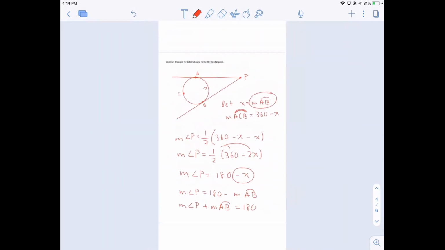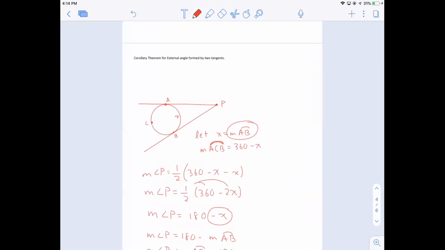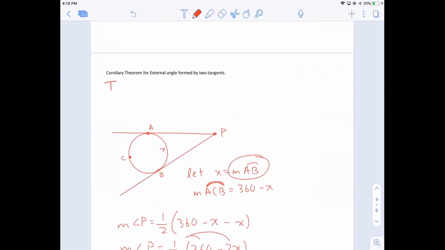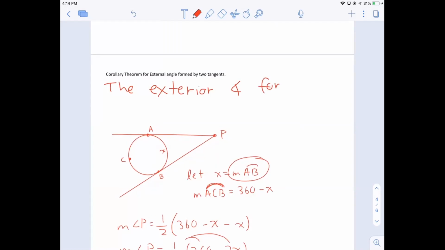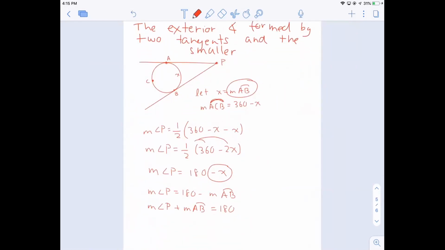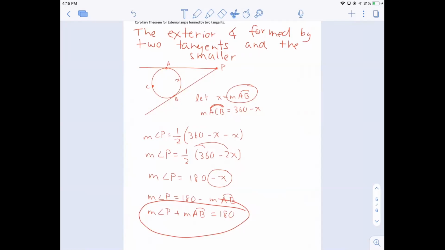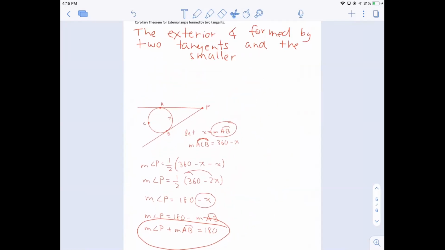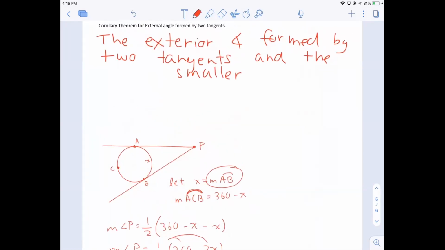So a corollary theorem for external angle formed by two tangents is that the exterior angle formed by two tangents and the smaller arc, when we added those two together, we got 180 degrees, so we can say those two measurements are supplementary.